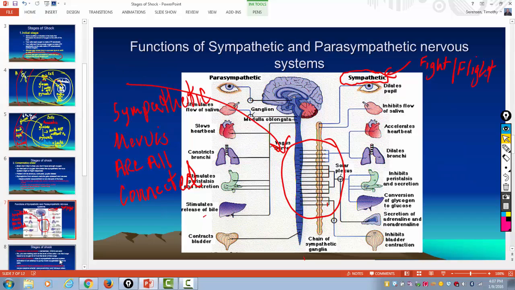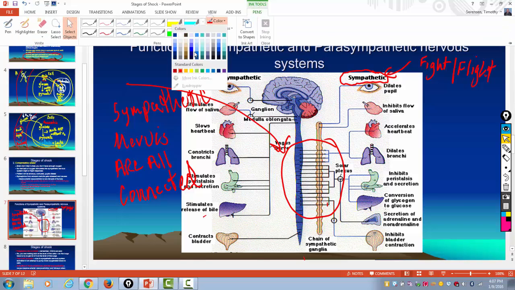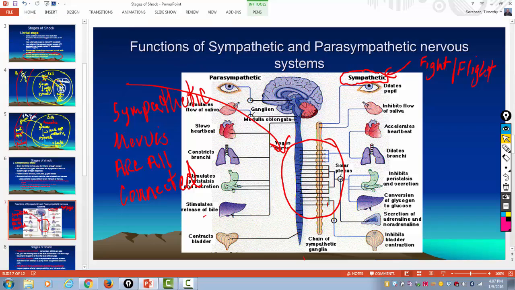As oxygen begins to decrease and you start dropping your pH and there's lack of oxygen to the brain, anytime you lack oxygen to your brain and vital organs, that is going to stimulate a division of the autonomic nervous system called the sympathetic nervous system. And the sympathetic nervous system is the fight or flight portion of the autonomic nervous system.